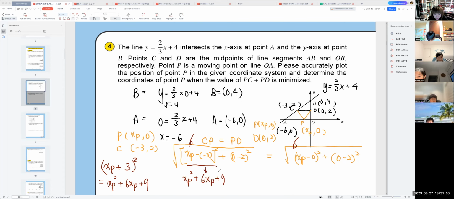So this one became this. And this one, chapter, 0 minus 2 squared equals what? Two. Chapter, 2. So 0 minus 2 is negative 2. So negative 2 squared equals what?